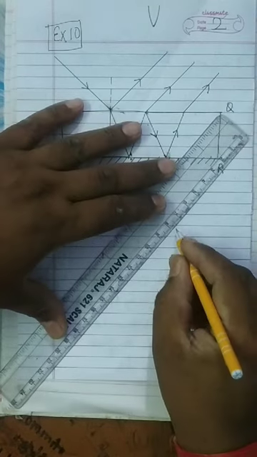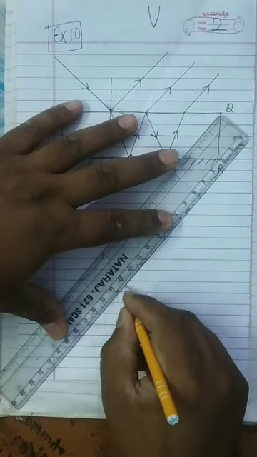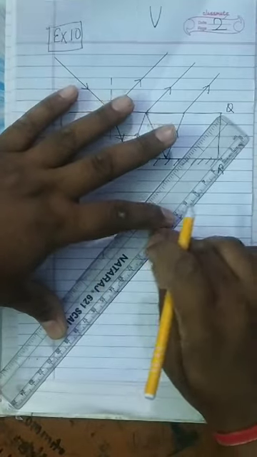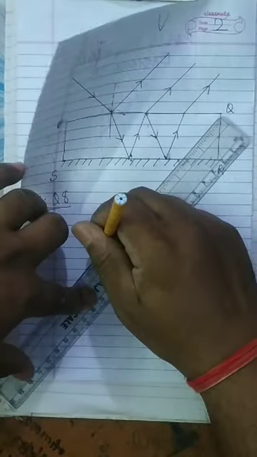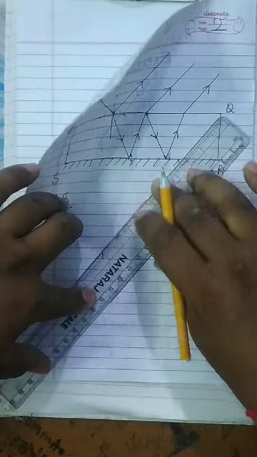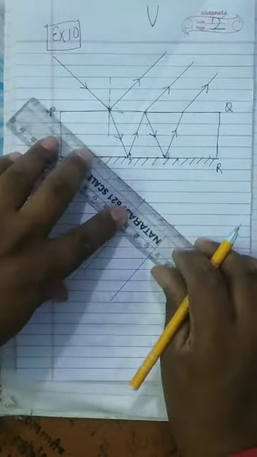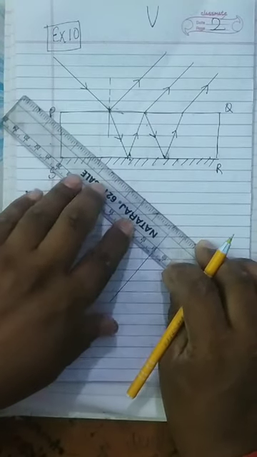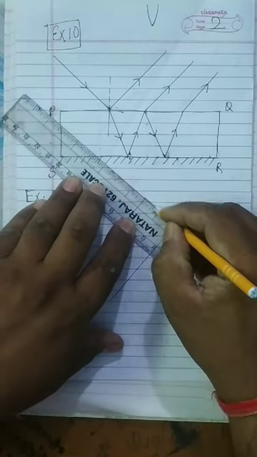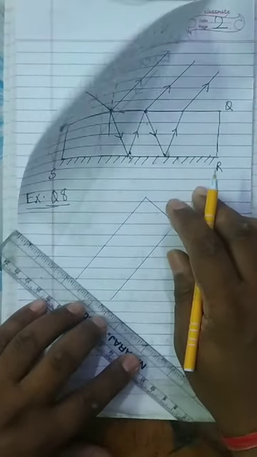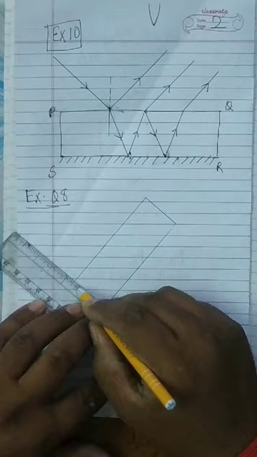When light speeds up, it means it is moving from denser to rarer. It is clear that you remember this thing. Here if you see, both the refracting surfaces are parallel. So what does it mean?